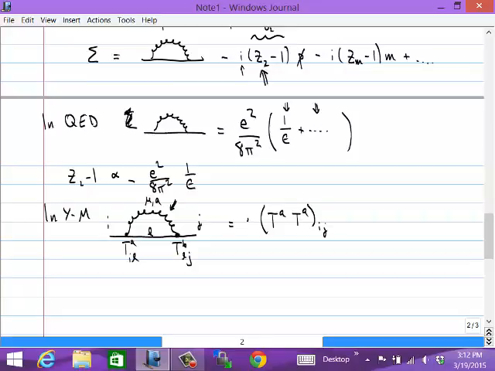If I wanted to, I could be a little bit more specific, so you get two powers of the gauge coupling, one for each vertex. And you have these other terms, the 1 over 8 pi squared, which is exactly the same as you had in the QED case, along with a 1 over epsilon.